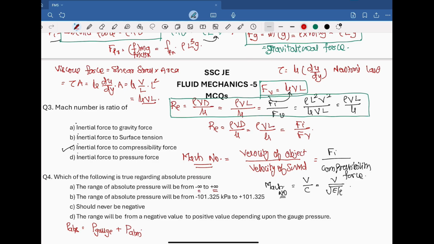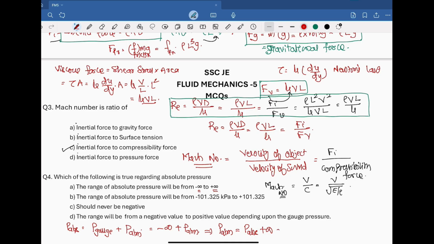No, not possible. Absolute is minus infinity means P gauge should be minus infinity, and P atmosphere is not going to change. That means atmospheric pressure should be plus infinity.